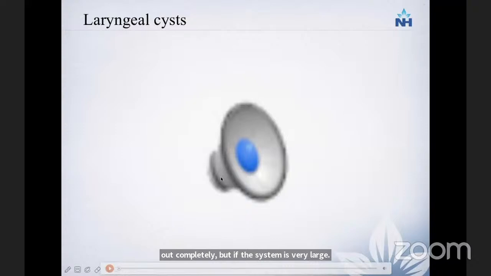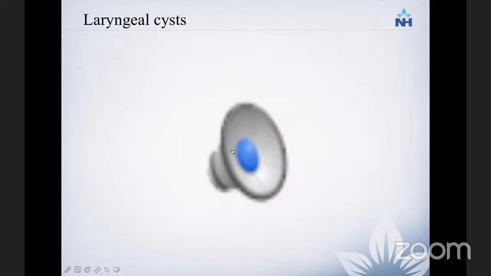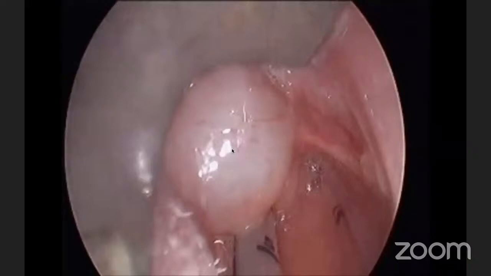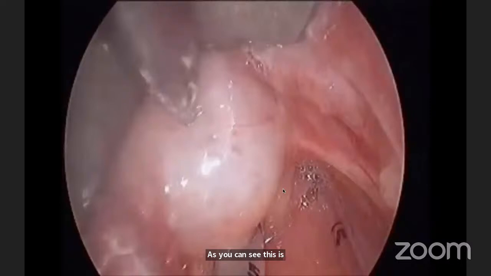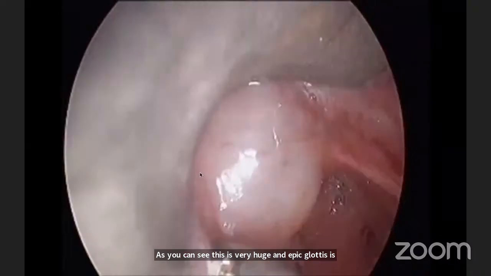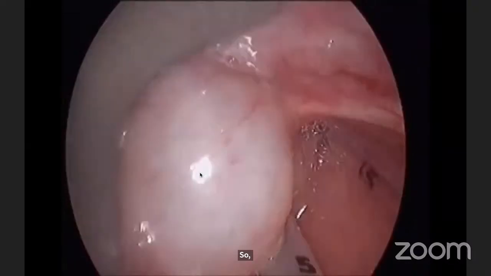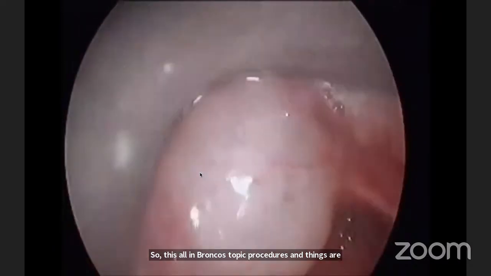So, here is a video. You can see this cyst is very huge, and the epiglottis is almost somewhere down there. All these bronchoscopic procedures are done with a suspension laryngoscope. We have this equipment called suspension laryngoscope.